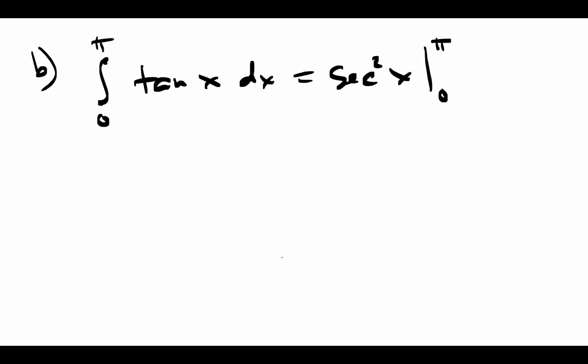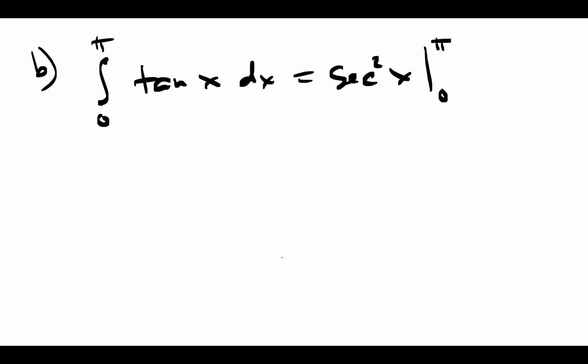All right, there's another one here. What is wrong with this? There is a break. I'm guessing it's one over cosine squared, secant squared x.